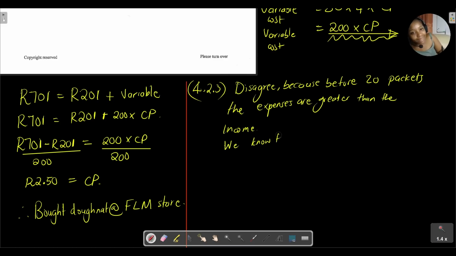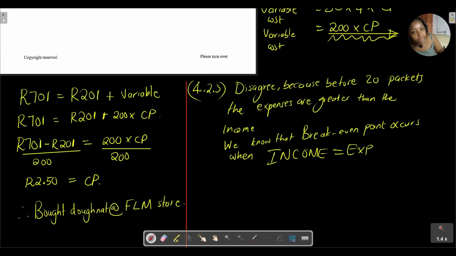And we know that the break-even point occurs when income is equal to expenses. Not when income is greater than expenses or when expenses are greater than income. When income is equal to expenses, that is when the break-even point occurs.